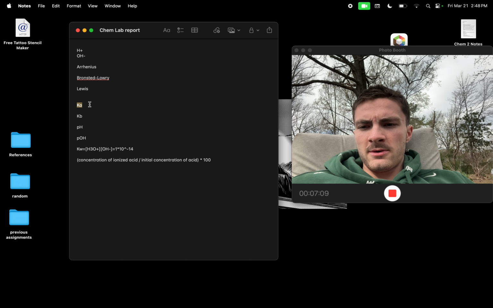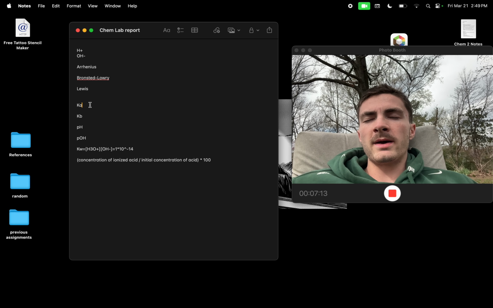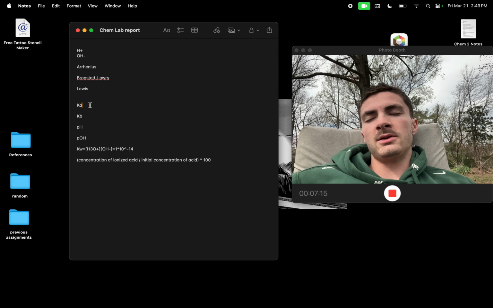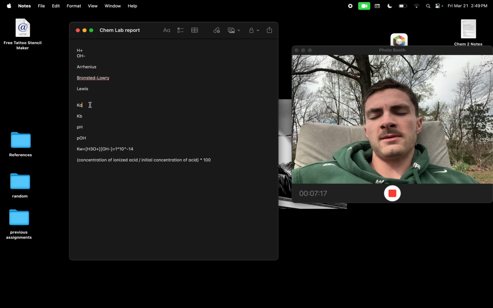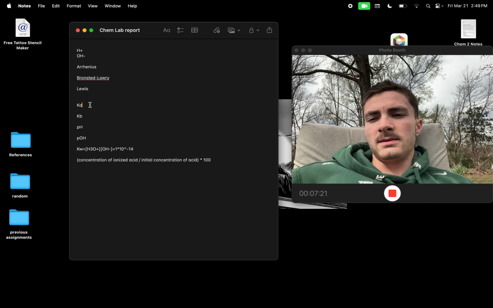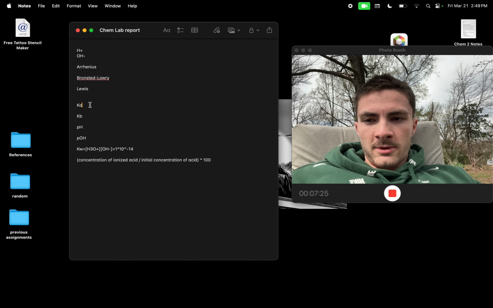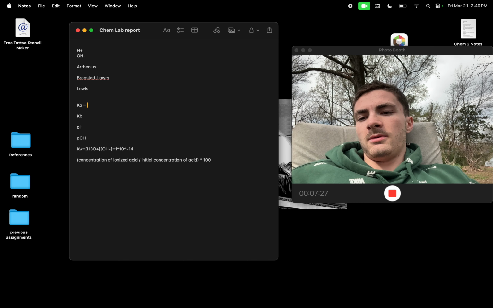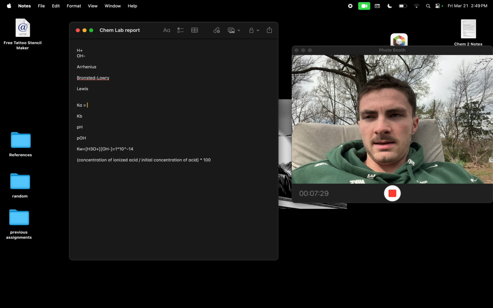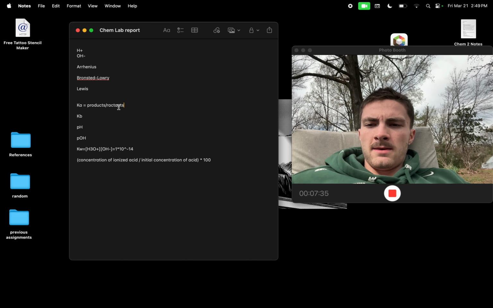The greater the value, the stronger, the more readily it will release hydrogen ions or hydronium ions. Therefore, the greater the acid or the greater the base is. And when you write out the equation, it's basically the concentration of products over reactants.